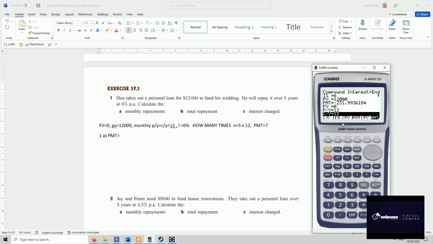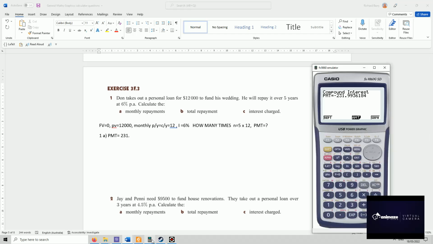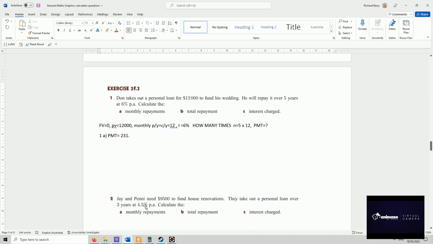On the calculator, we put all the values into the calculator and then we press the button for the one that we're looking for. Okay. So in my brain, I'd need to say what's going on here. $231.99 paid each month for 5 years.